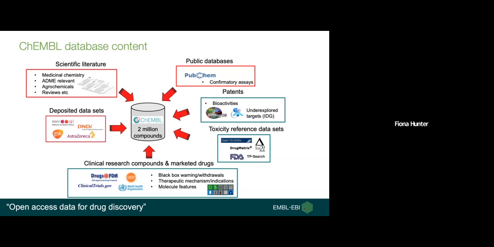So we have toxicity reference data sets such as TG Gates and Drug Matrix, and also other information on drugs. By drugs in this case, I mean drugs both that are on the market and those progressing through phases 1, 2, and 3 of the clinical development pipeline. And we have information on that. In all, we have around 2 million compounds in the current version of ChEMBL.